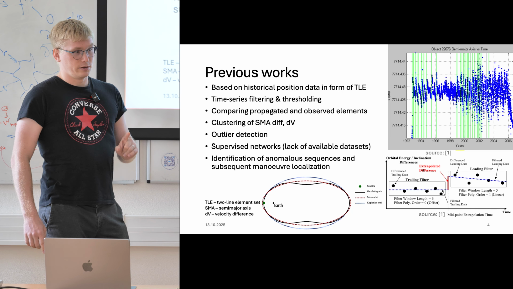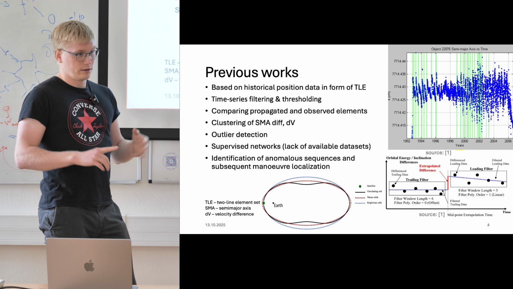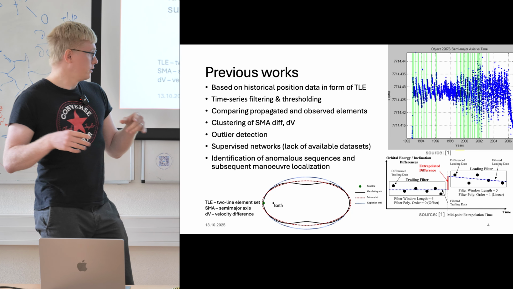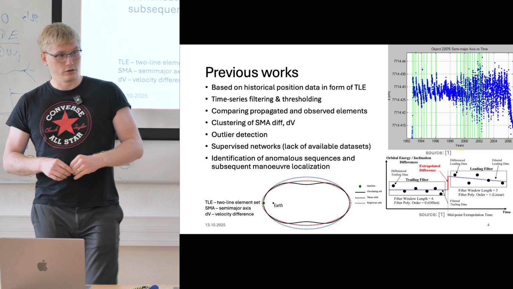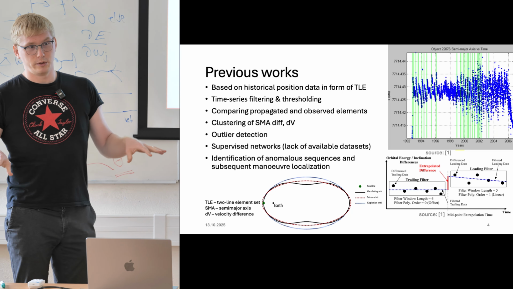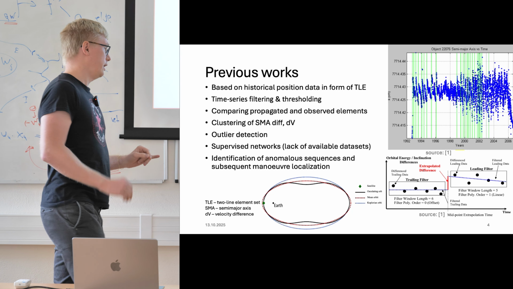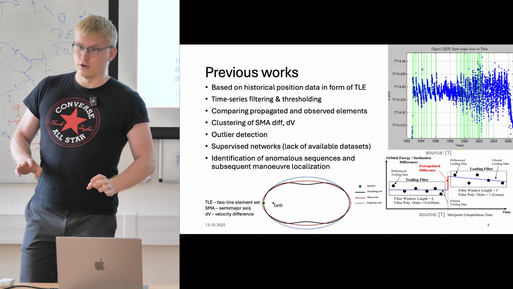In reality, because there is a sun, there is a moon, and the Earth is not a perfect sphere, the orbit looks like the black line, and that is called an osculating orbit. What you have in TLE elements, which are the dataset that is available online, is the red line, which is sort of a mean orbit.